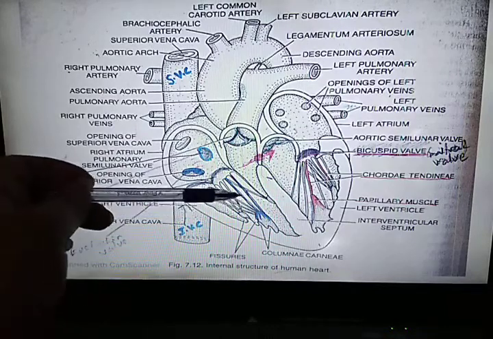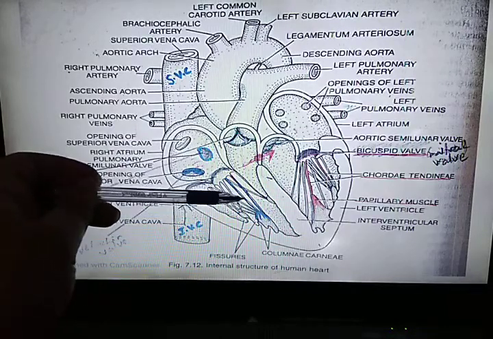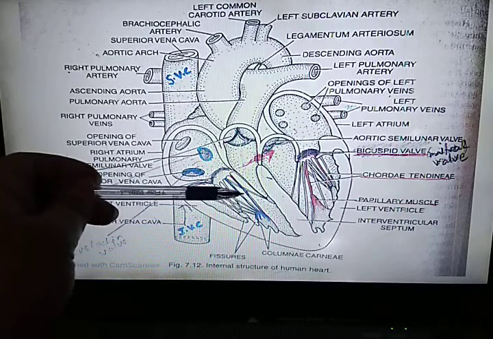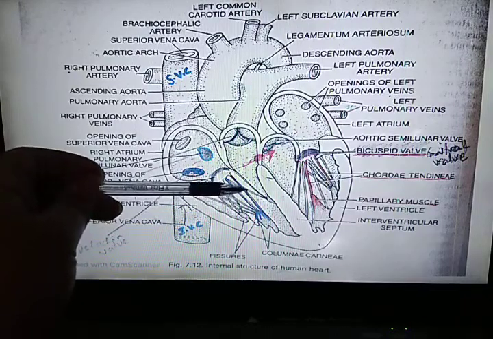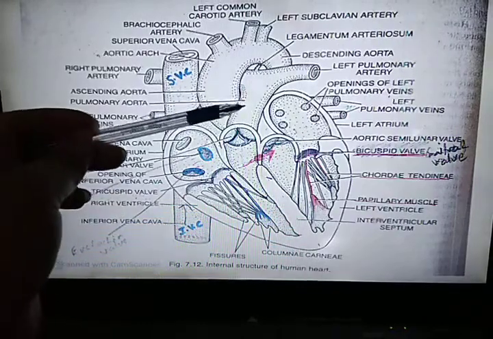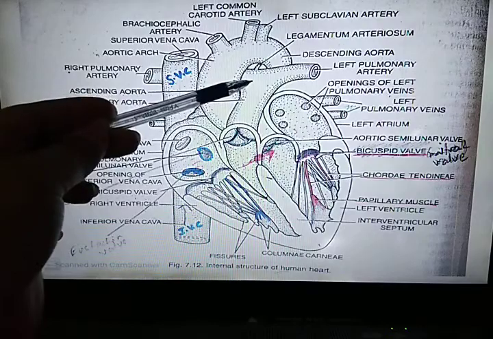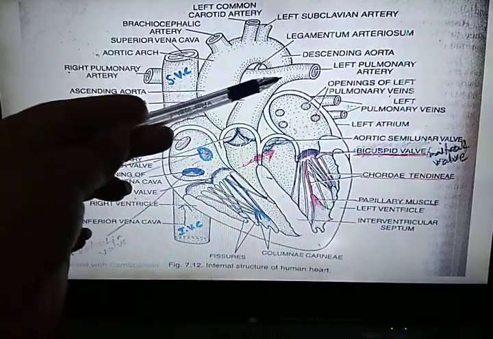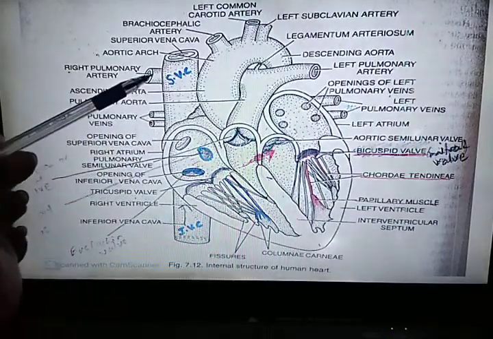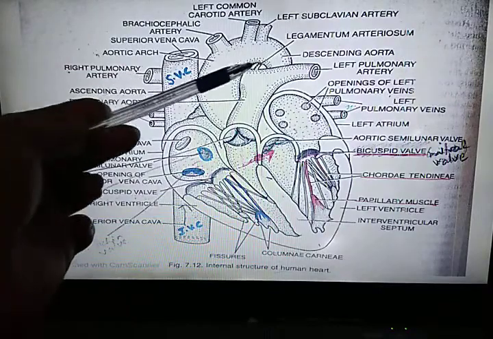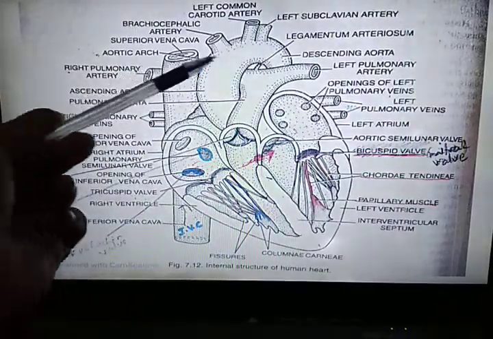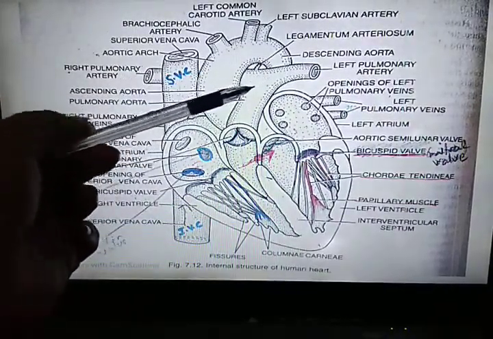Now the ventricle sends the deoxygenated blood to the lungs for oxygenation with the help of a large blood vessel known as the pulmonary aorta, which further bifurcates into the left pulmonary artery and right pulmonary artery, which enter the respective lungs.